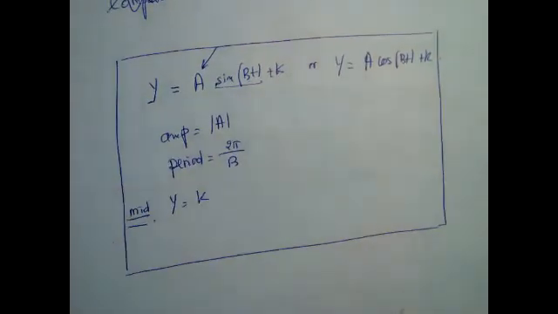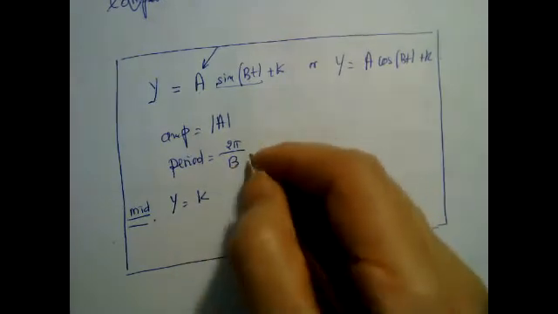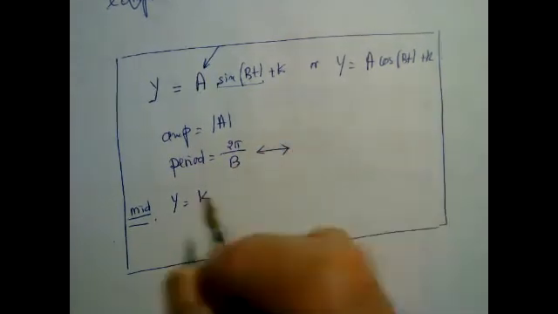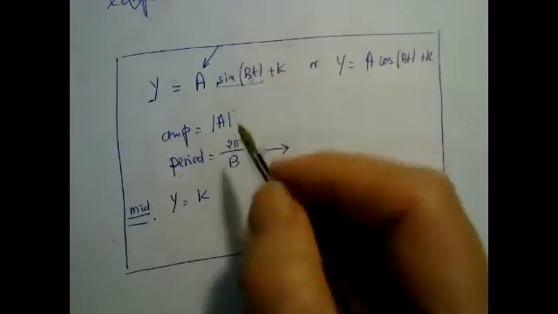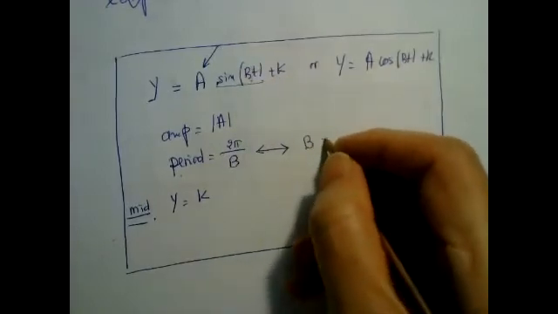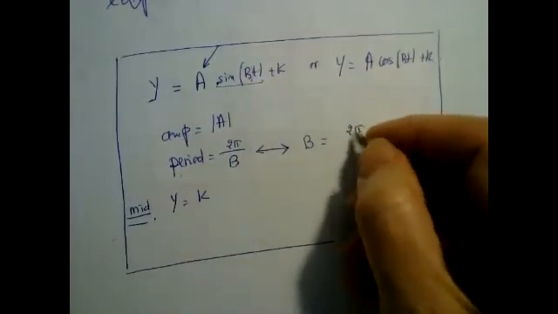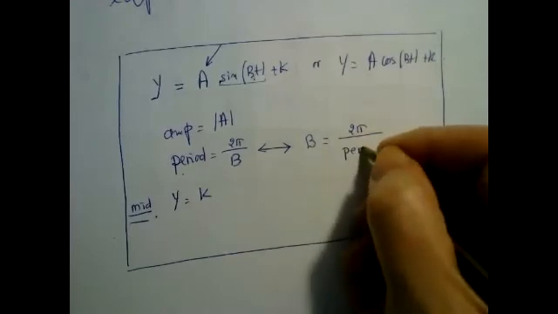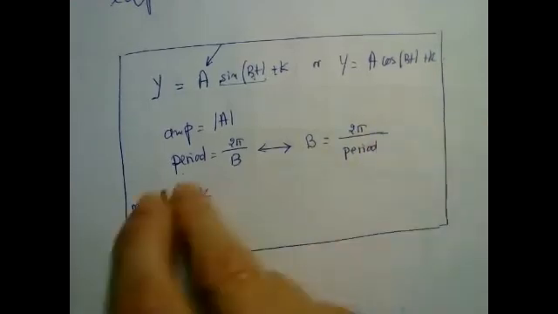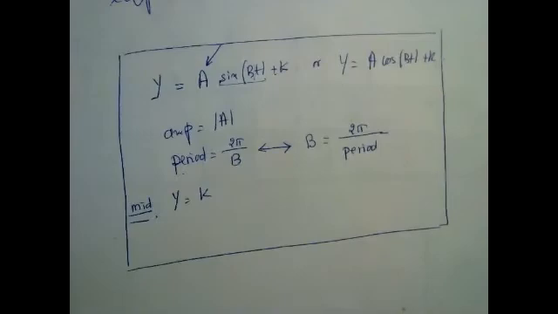Now I want to make an easy comment here. The period is 2 pi over b, and b is actually 2 pi over the period. Why is that? Does this make sense algebraically?